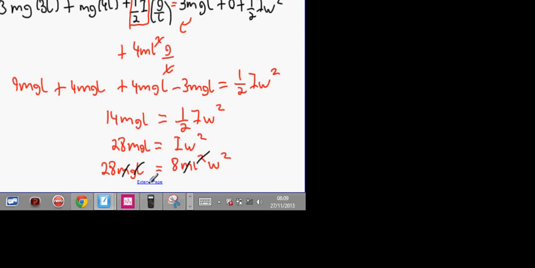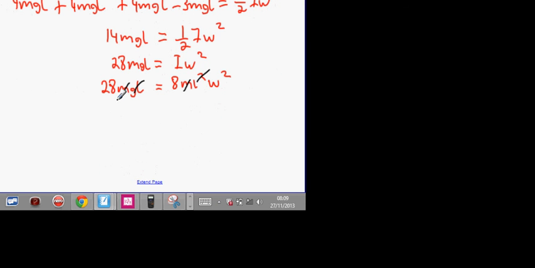8 into 28. 28 divided by 8 is it 7 over 2 or 7 over 4? 7 over 2, sorry. 7 over 2 g all over L. Therefore omega squared equals 7g over 2L, and omega is equal to the square root of 7g over 2L.